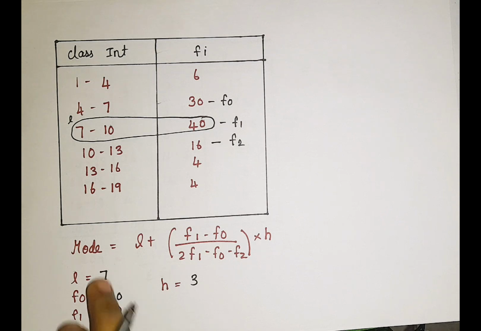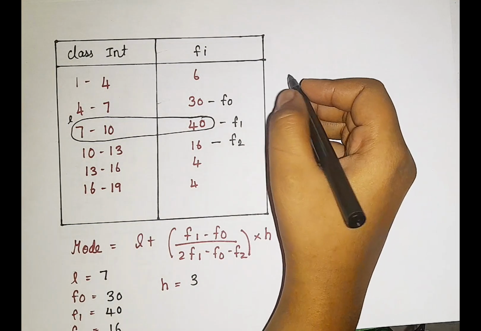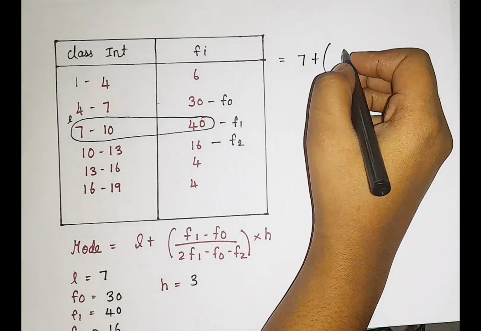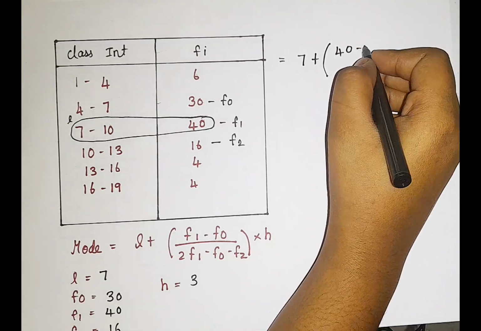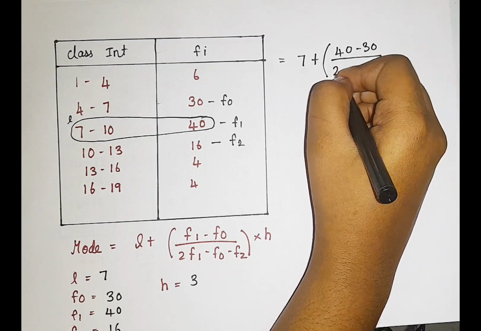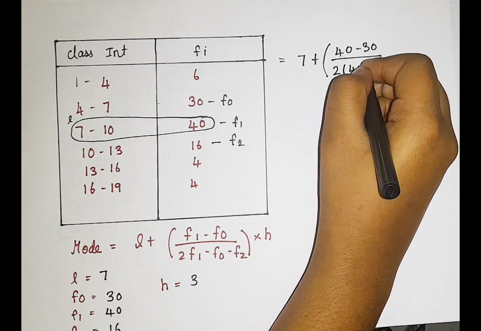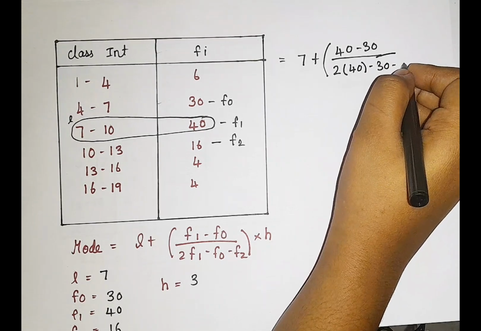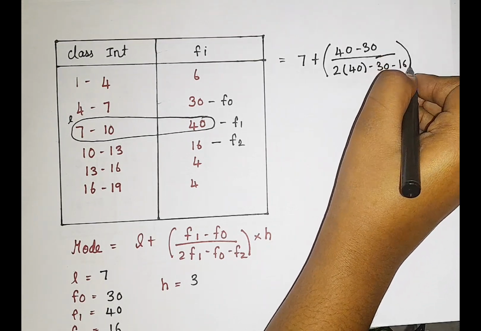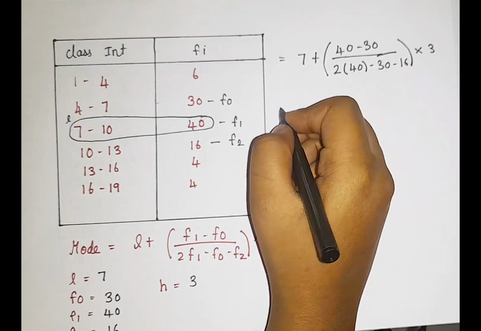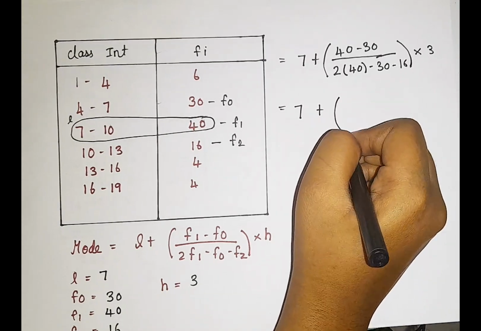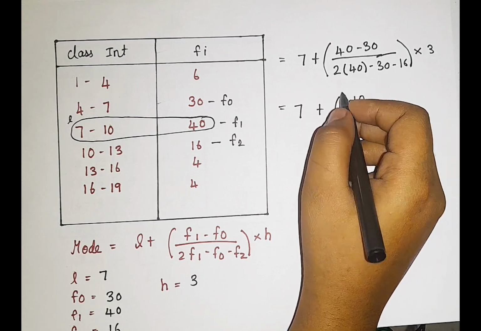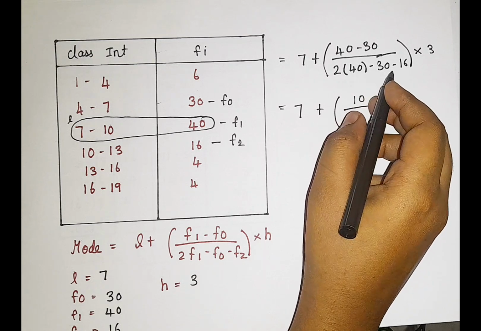Now it's literally easy to apply that in the formula. So mode is equal to L value 7 plus f1 value 40 minus f0 value 30 divided by 2 into f1 value 40 minus f0 value 30 minus f2 value 16, close the bracket, into h value 3. That is equal to 7 plus bracket 40 minus 30 is 10 divided by 40 into 2 is 80, and minus minus is plus, isn't it?